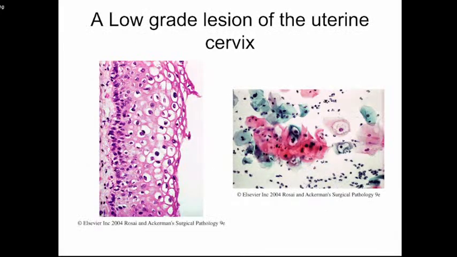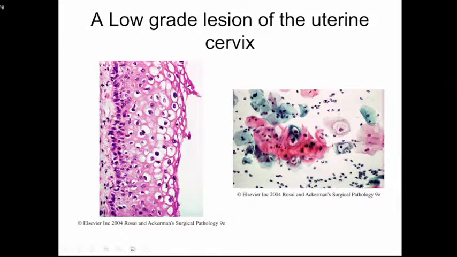So I thought I would show you some histology of a low-grade lesion. This is squamous koilocytic change of the surface squamous cells. And what would we see on a pap smear if we were to take one from a woman with this lesion?